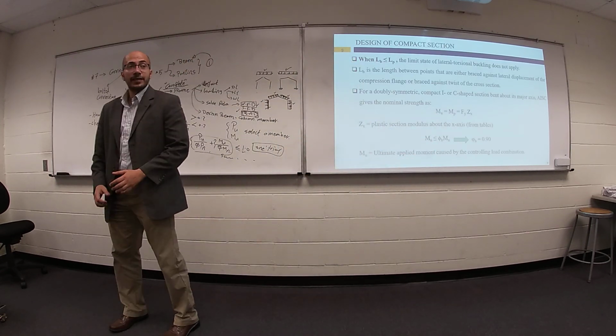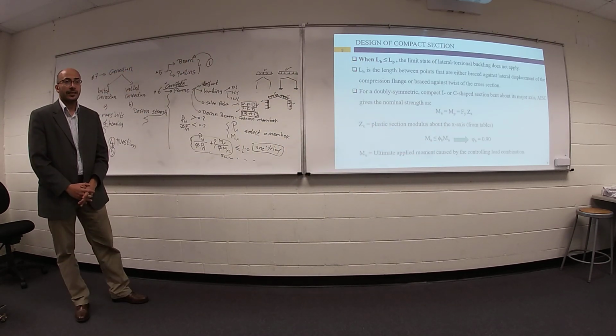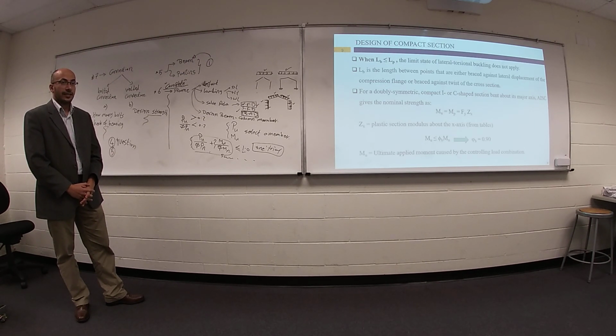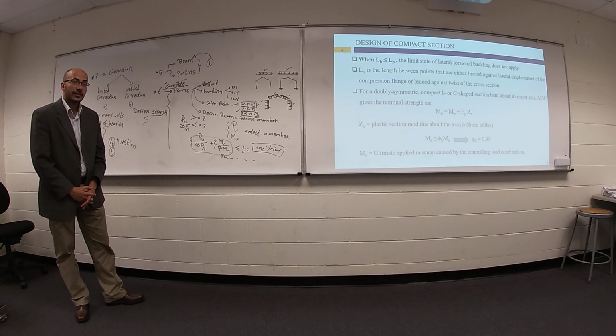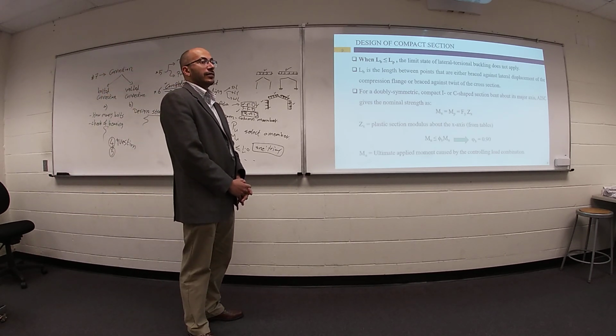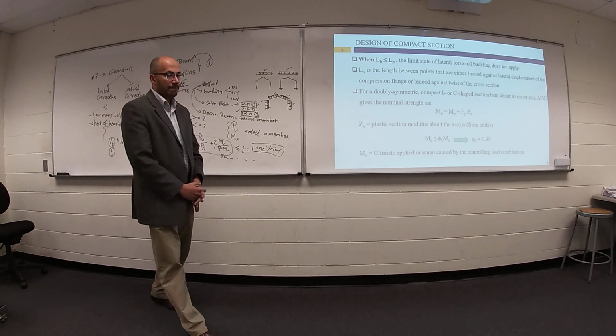Dr. Amen? Yeah. When we compare, can we make it where LB for our column, with the side girts that we put on there, is less than our LP? Yeah.